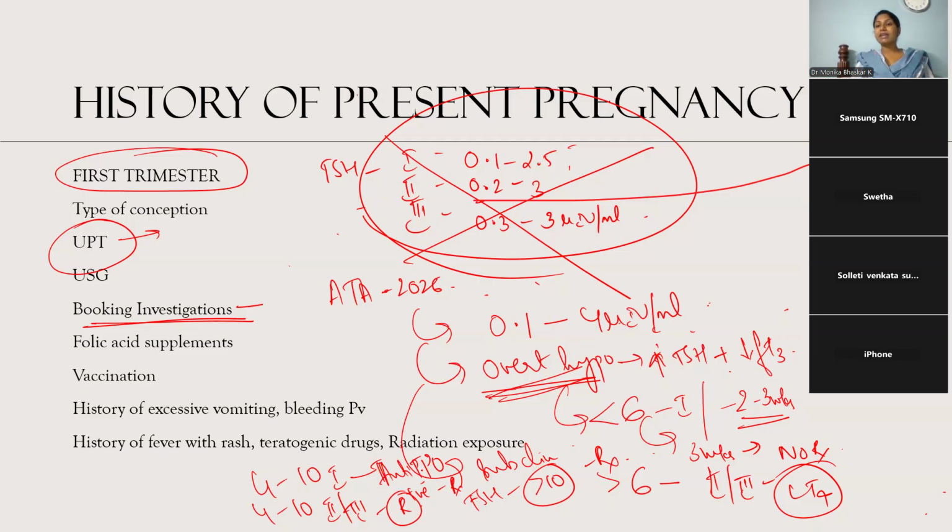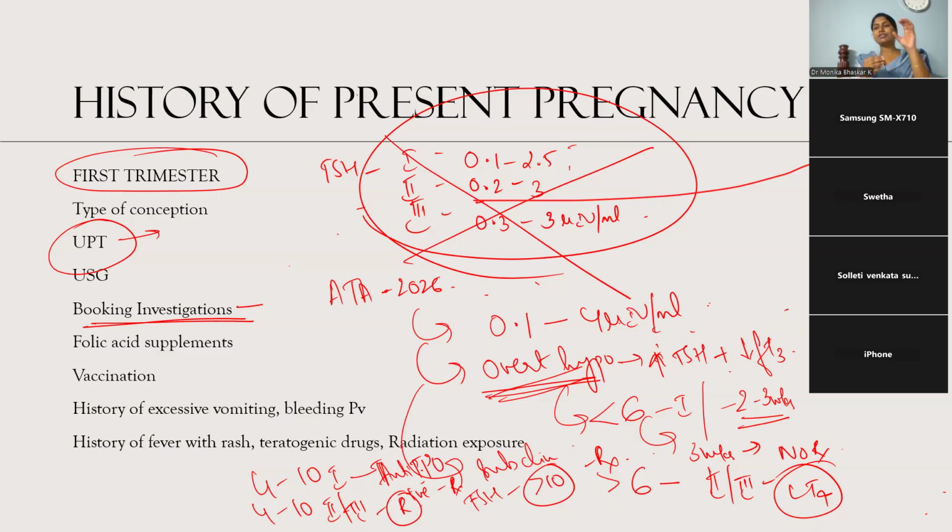The woman might not have any symptoms of urinary tract infection, but if you do a urine culture, there might be more than 10 to the power 5 colony forming units of a single microbial organism in a midstream clean catch specimen of urine. So you have to collect the urine in a midstream clean catch container. So you have to avoid the first void because it might be contaminated.